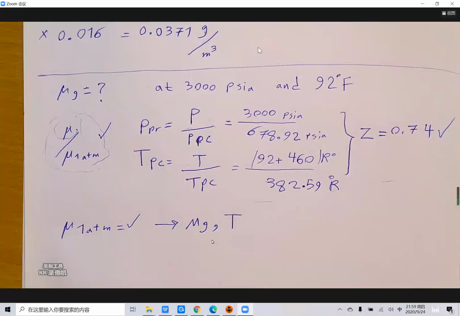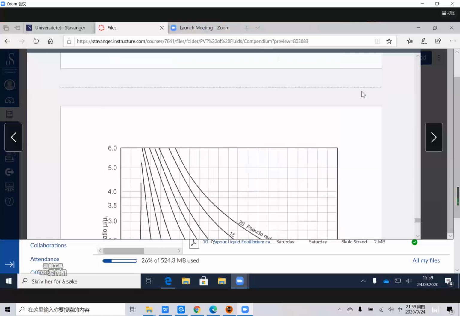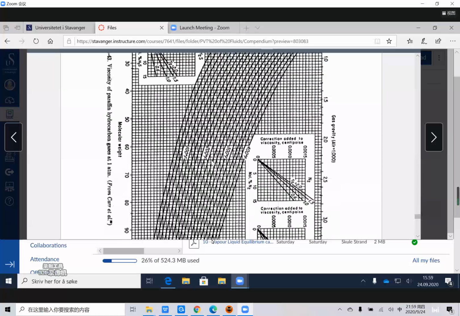Let me show you again. Now you have to find the viscosity at 1 atmosphere. You need the molecular weight of the gas here and the temperature of the gas here. Then you will find the viscosity of the gas at atmospheric pressure.